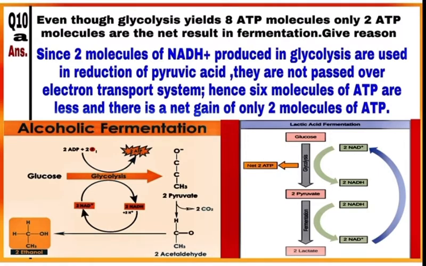Diagram में नोट कीजिए both alcoholic fermentation and lactic acid fermentation और देखिए जो glycolysis के दौरान 2 NADH molecules बन रहे हैं, they are used in the reduction of pyruvic acid और ये NADH इलेक्ट्रॉन ट्रांसपोर्ट सिस्टम में अब एंटर नहीं कर सकते. इनसे मिलने वाले 6 molecules of ATP कम हो जाते हैं. As a result, there is a net gain of only 2 molecules of ATP takes place during the fermentation process.